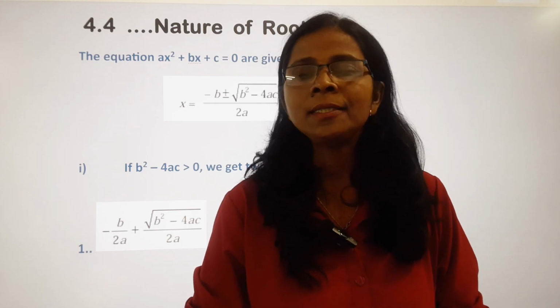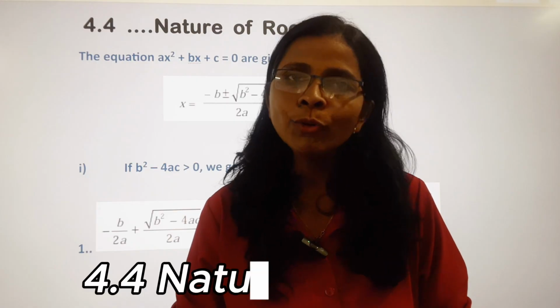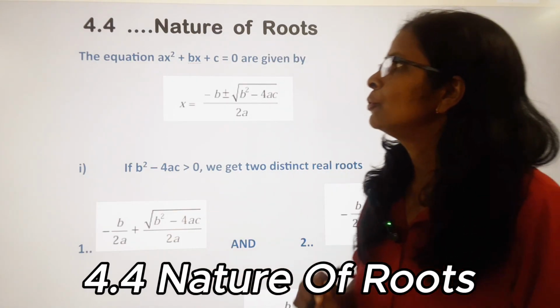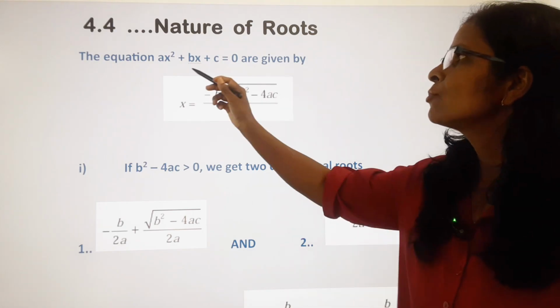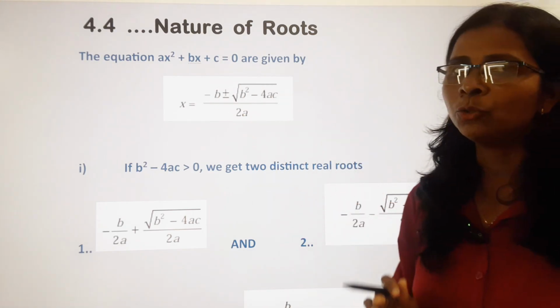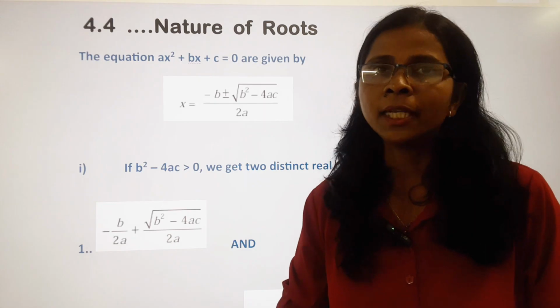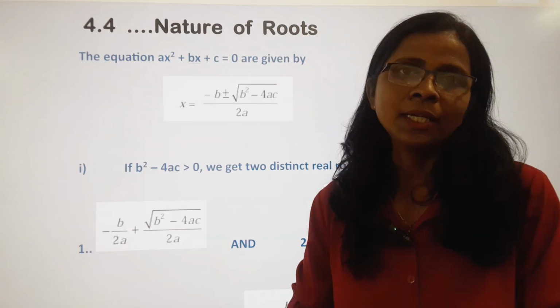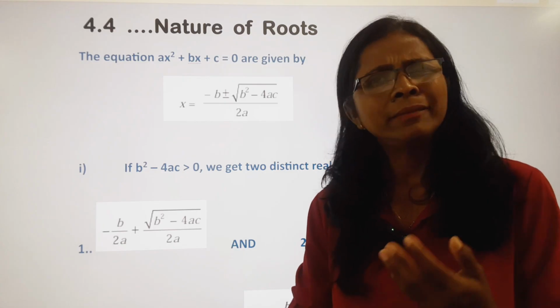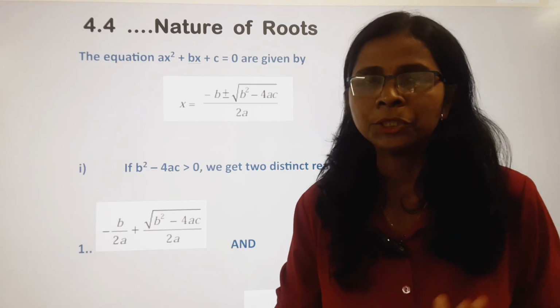Now let us see the next topic, 4.4 Nature of Roots. Here the quadratic equation is ax² + bx + c = 0, and from this quadratic equation we can find out the roots, where roots mean the solutions of the quadratic equation.